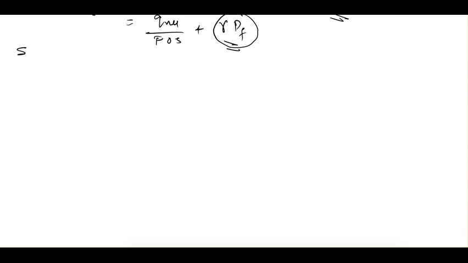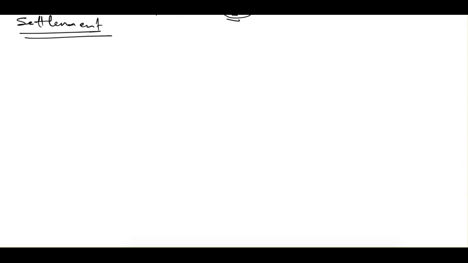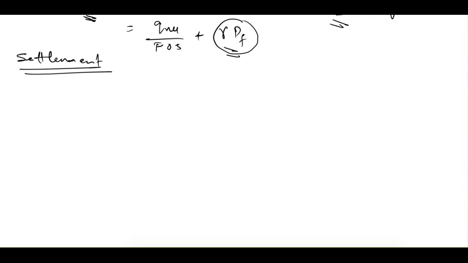Now we need to see some more definitions. Only one definition is there which is due to the settlement criteria. So the definition number is 7th. It is safe bearing pressure.